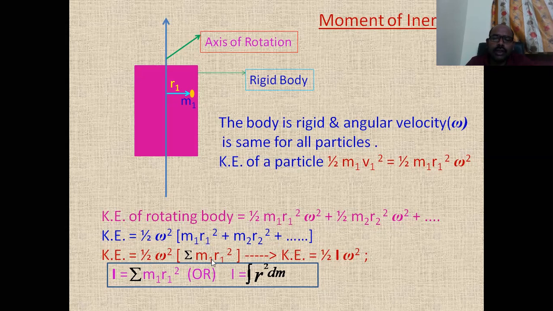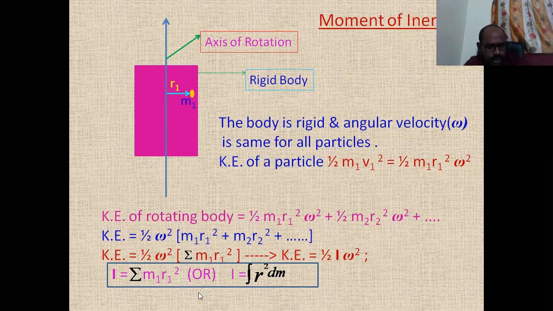So summation mi ri square is called moment of inertia. That is represented with the letter capital I. Therefore, kinetic energy is equal to half I omega square.